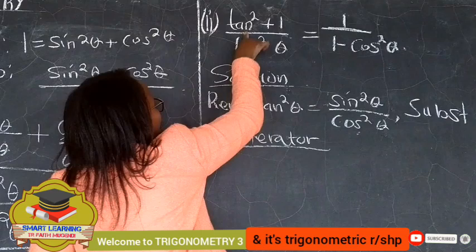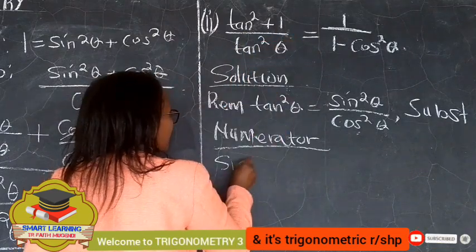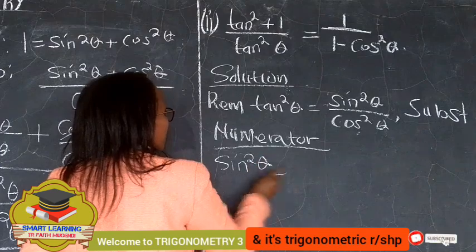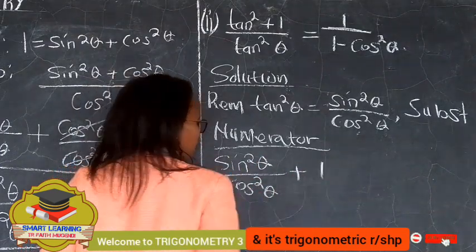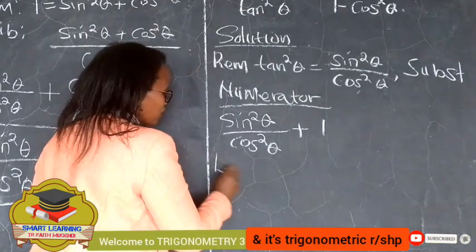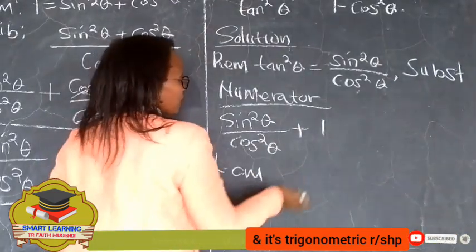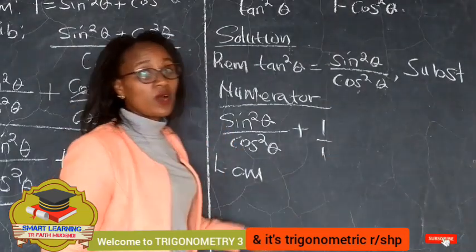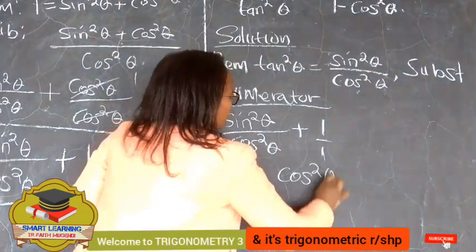Instead of having tan squared plus 1, now we have sin squared theta over cos squared theta plus 1. Now we find the LCM of cos squared theta and 1, because 1 over 1 is 1. So LCM shall be cos squared theta.